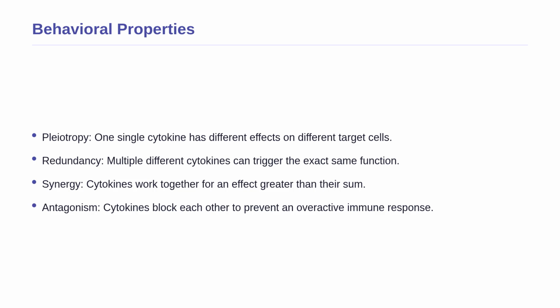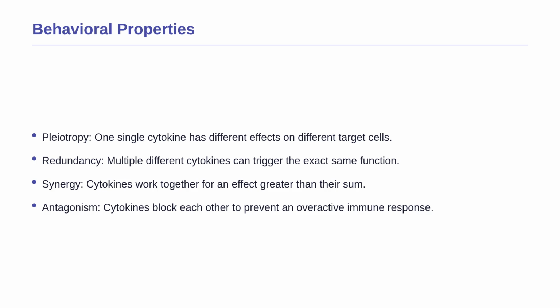Beyond their travel pathways, cytokines exhibit unique behavioral properties that make our immune system incredibly robust. First is pleiotropy, meaning a single cytokine can have completely different effects depending on which cell it hits. Second is redundancy, where multiple different cytokines can trigger the exact same function, ensuring that if one gene fails, the immune system does not collapse.